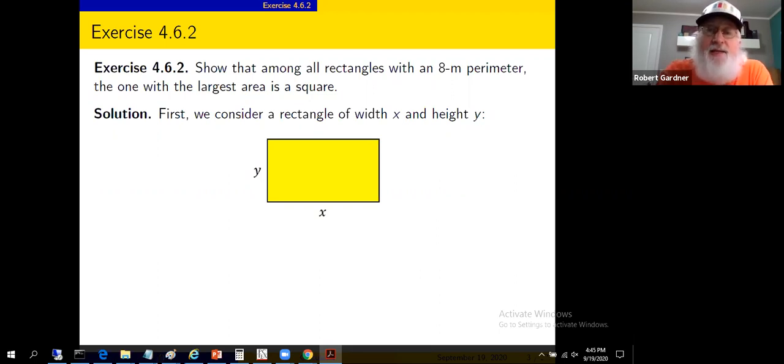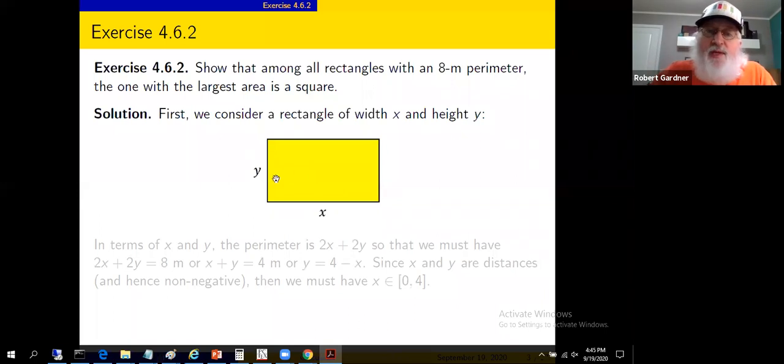The idea is, you might even want to think of the perimeter as a loop of string, and we're trying to maximize the area inside. Well, we could put your fingers in that loop of string and stretch it really wide by making x large, but then y has to be small if x is large.